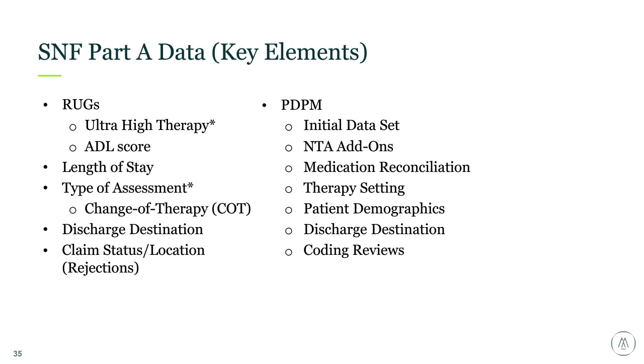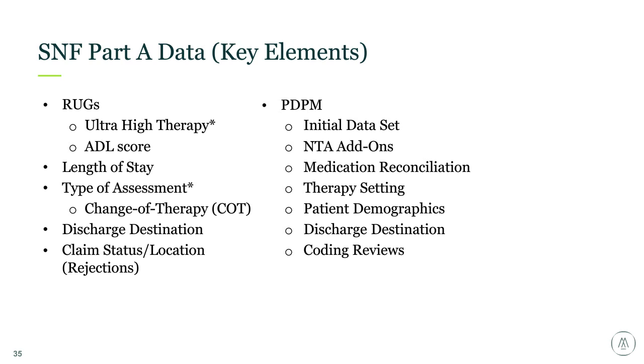On the PDPM side of the equation, when we're looking at these various components, we now need to look at that initial data set that I've been talking about. What are those non-therapy ancillary add-ons? HIV, AIDS, COPD, any of those chronic conditions, medication reconciliation, what therapy settings were involved, the patient demographics themselves.